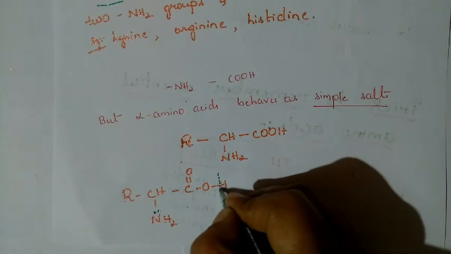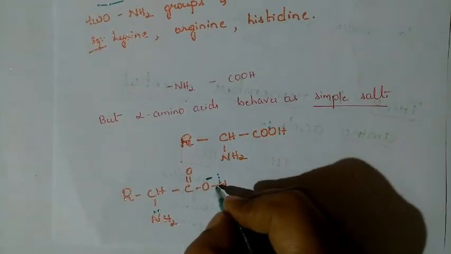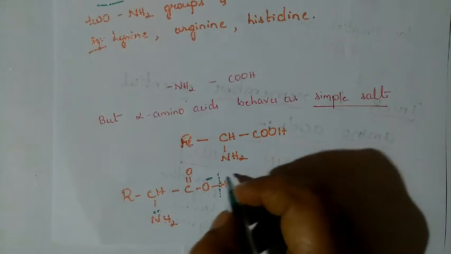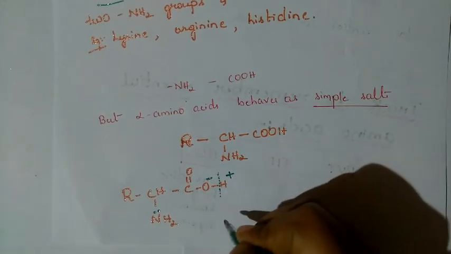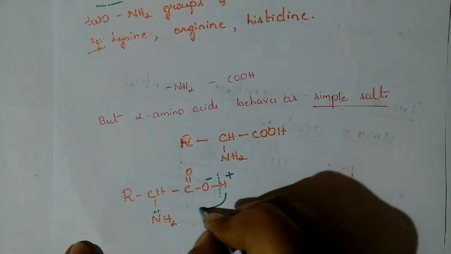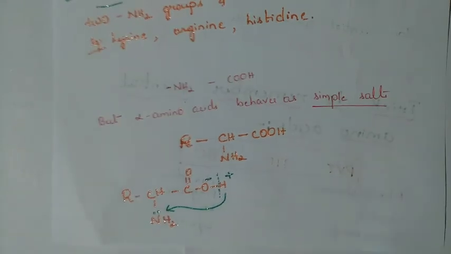The bond will be broken here, and it is being converted to COO minus because hydrogen is leaving without the bonded pair. So oxygen is getting a negative charge and hydrogen is getting a positive charge. This H plus ion is attracted towards the lone pair of electrons on the nitrogen atom.